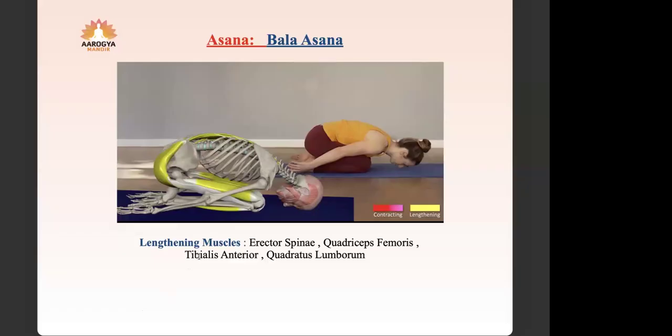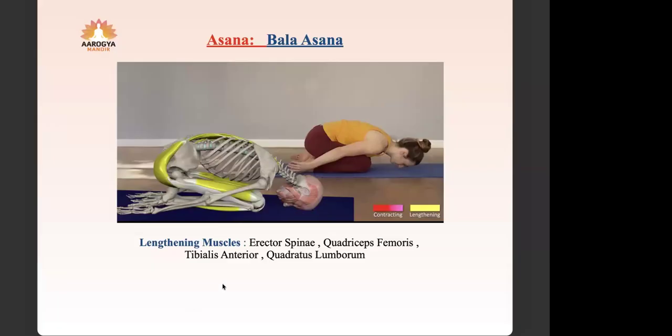What they should do is first practice Marjari Asana. After Marjari Asana, they should practice this child pose. After this child pose, they should practice the frog pose. And after frog pose, they should practice Parvatasana. So, see, I'm not only teaching you about the anatomy of the muscles, but I am also telling you the sequence, how actually the postures can be practiced.